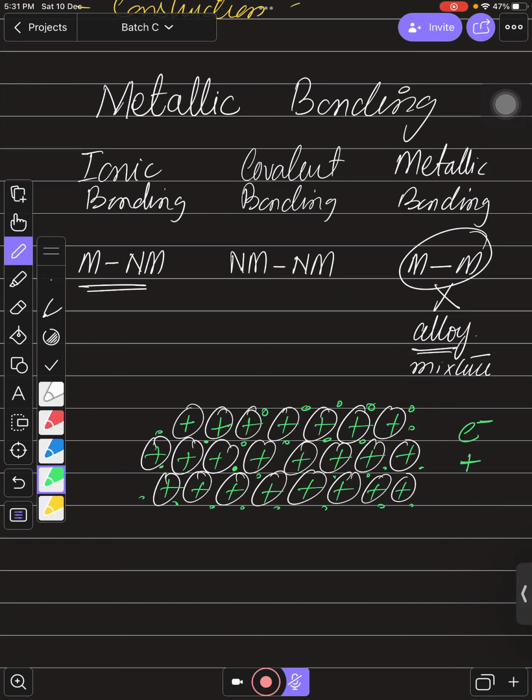So it is positive and electrons are negative, so they attract. When the electron of one atom attracts the nucleus of another atom, it will be a metallic bond, and it is always in the elemental form of metals.